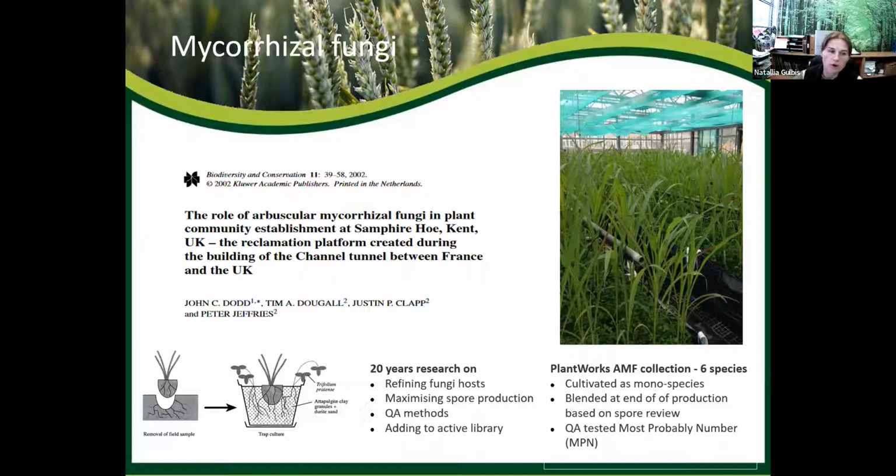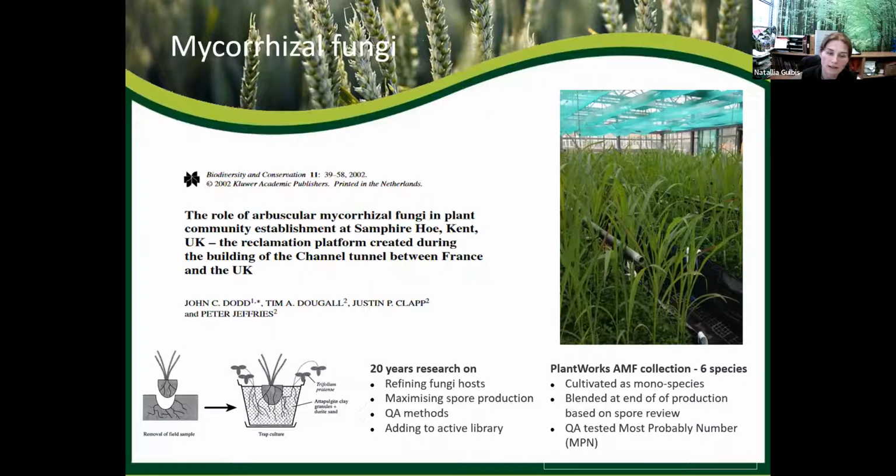Here I'm showing, for example, a paper where those fungi were used in the reclamation of soil where the Channel Tunnel was built, showing how much mycorrhizal fungi can help to convert this land into arable land. We have 6 different species in production, and we produce them in monocultures.